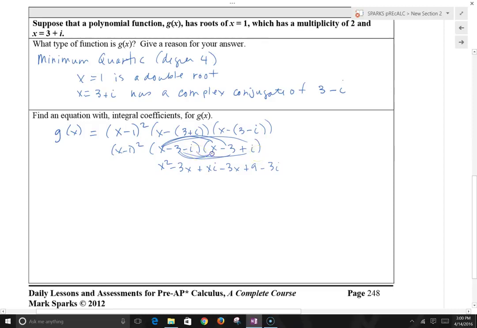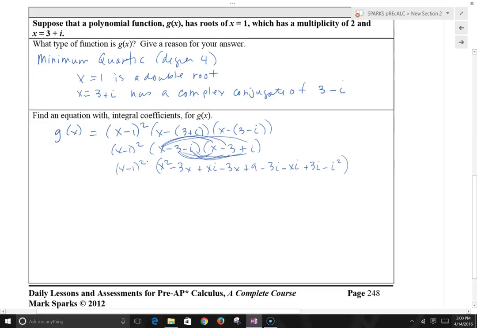And we do the same thing with i. So we have -xi. We have positive 3i, and then we've got -i squared. And we still have this x minus 1 squared out front. So some of this is going to drop out.